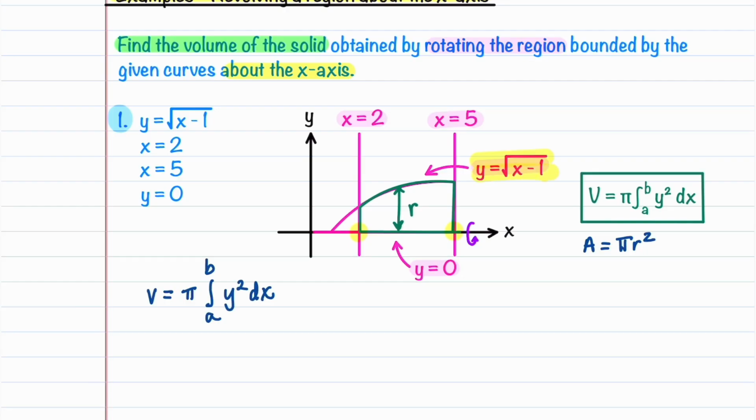Let's go ahead and put that in. Our volume is going to be pi times the integral from 2 to 5 of y, which is the square root of x minus 1, squared times dx.